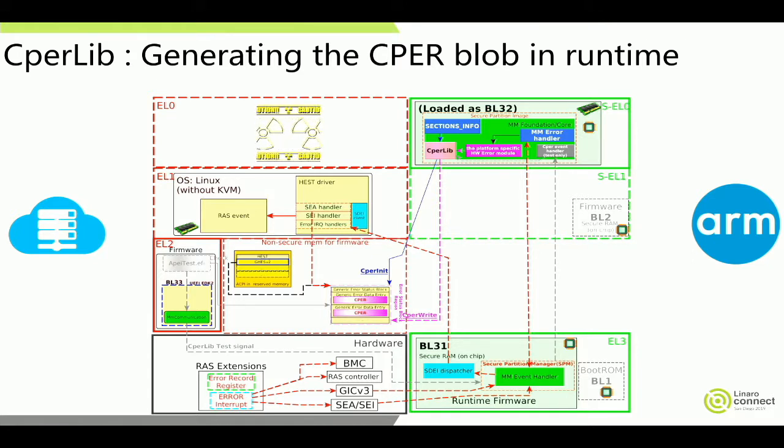In this software, it will let the standalone MM, which is running in secure EL0, collect all the information and wrap it as a CPER error block, and put all the things into non-secure memory, and then use the SDEI dispatcher to trigger one of the handlers which has already been registered in the boot time, to gather the information and transfer it back to the application layer.